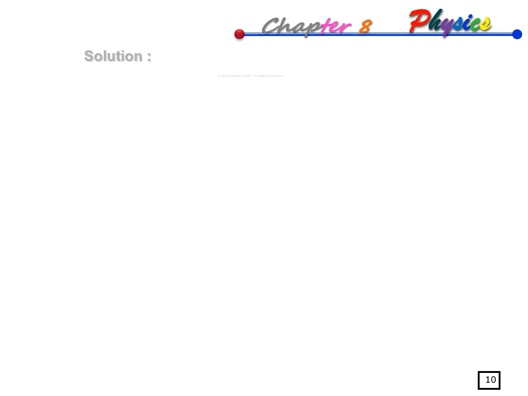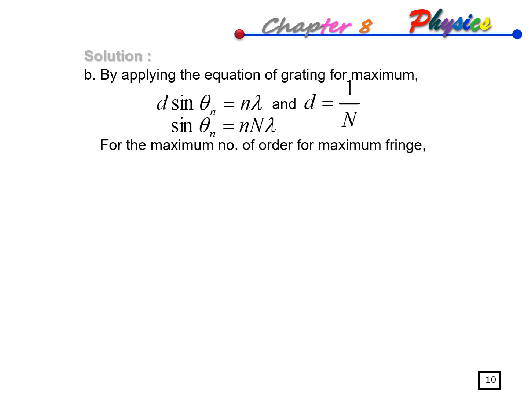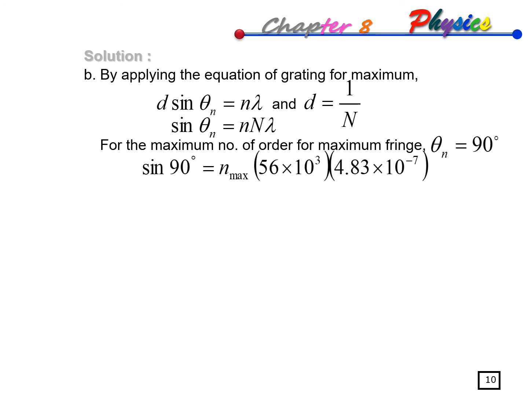For the number of maximum, same condition like the previous one, angle should be equivalent to 90. So the maximum angle will be equivalent to 90, replace in, which will end up with 36.97, so the order will become 36 only, 36 order.